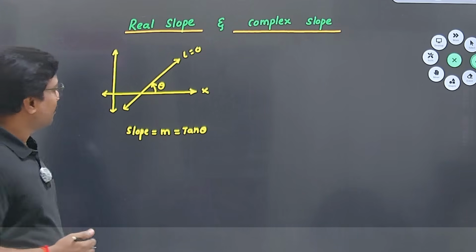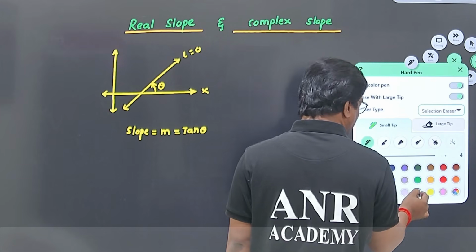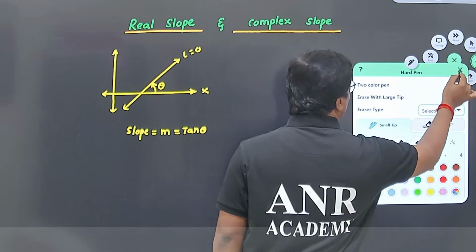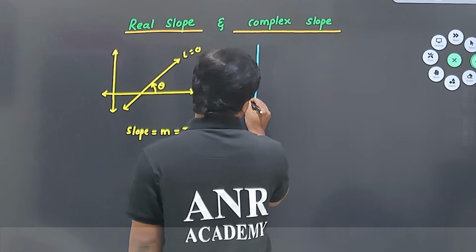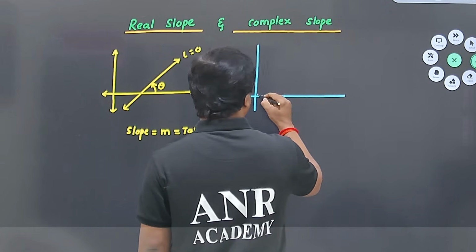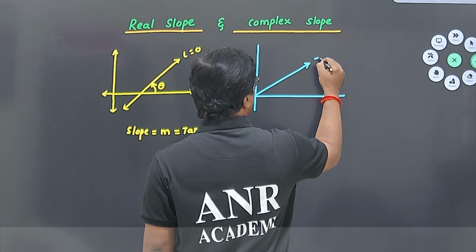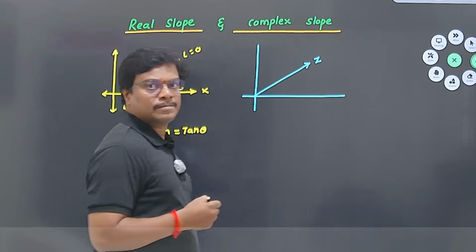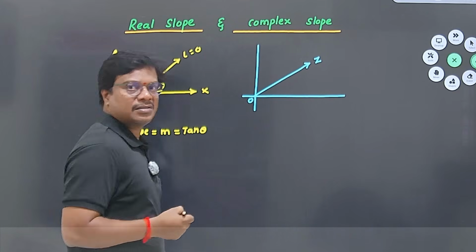Next, we go for complex slope. Complex slope is the square of the unimodular of a given z. Suppose this is a complex number z, complex vector OZ.